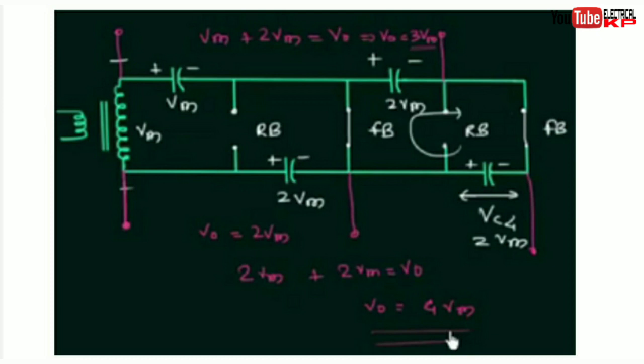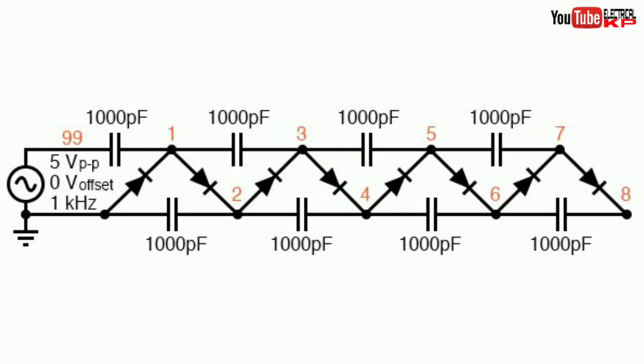4 times the supply voltage. In the same way, if we need to generate 6 times, then we need to add 3 stages of the voltage doubler circuit in series. Or if we want to generate a voltage up to 8 times the supply voltage, then we have to add 4 voltage doubler circuits in series.